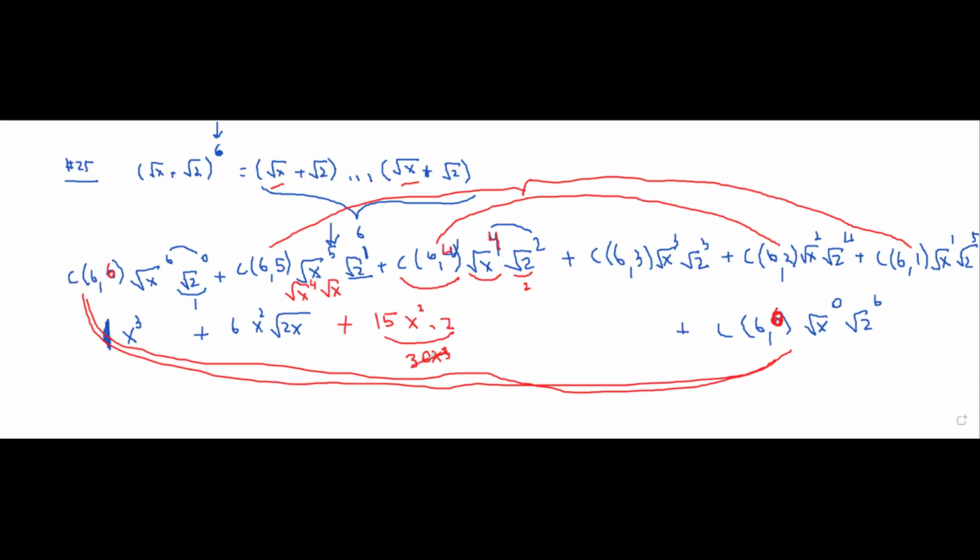So anyways, I'm just here to give you an idea. So next was 6, 15, that was 20, right? The combinations for this was 20. And now x will be outside because we actually deal here with a square root of x squared because the power is 3.